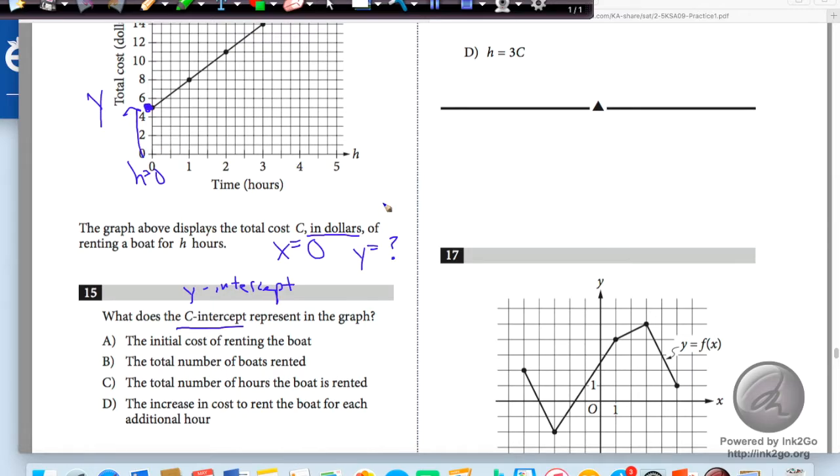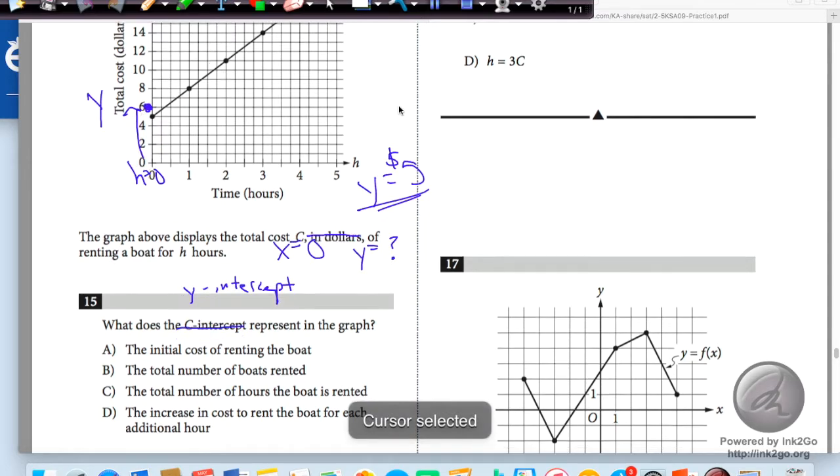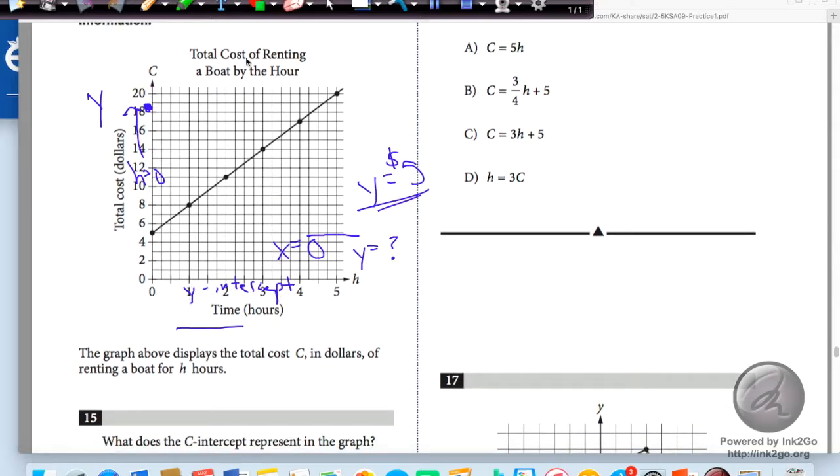Now, why would y equal 5 when x equals 0? Well, there's got to be some sort of cost to it, because this is actually really $5, right? So the best logical explanation, and let's not overthink this too much, the actual title of the graph is total cost of renting a boat by the hour.